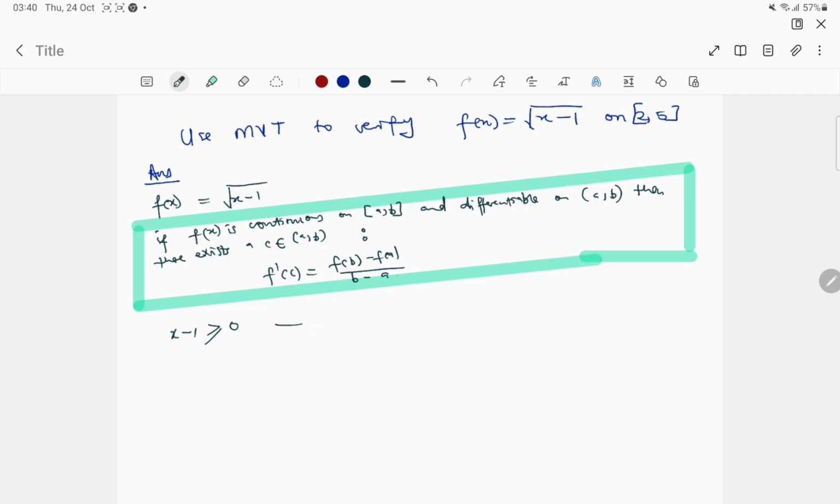So this implies that x is greater than or equal to 1. You can see that the interval we are considering is [2, 5], and [2, 5] is a subset of x greater than or equal to 1. Therefore, f of x is continuous on [2, 5].